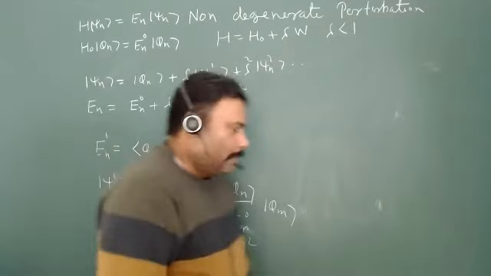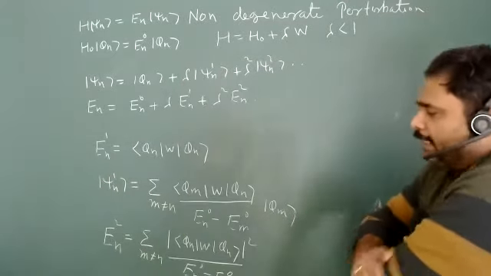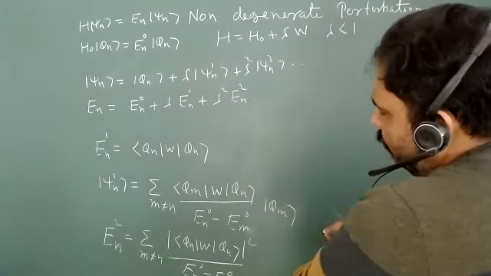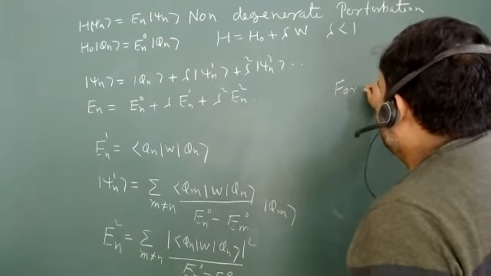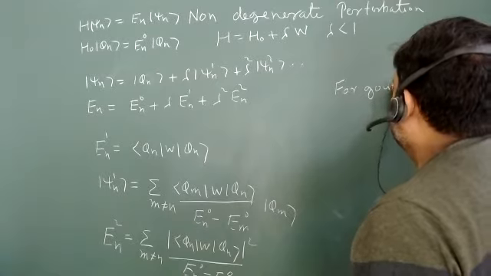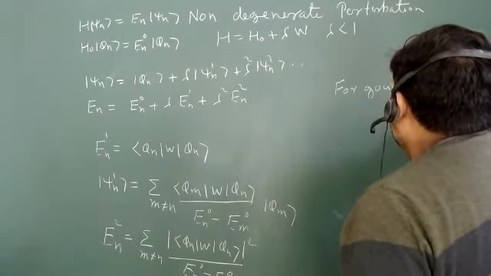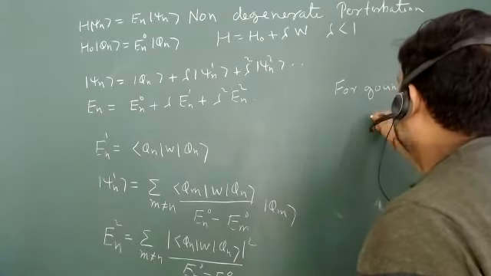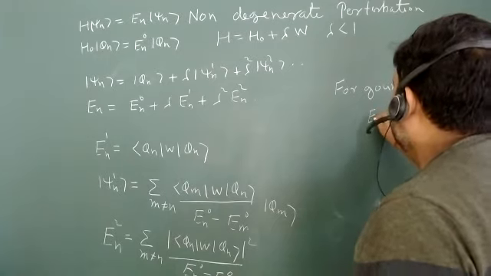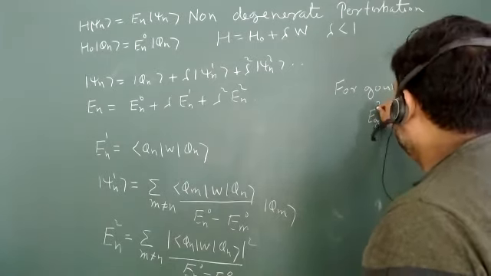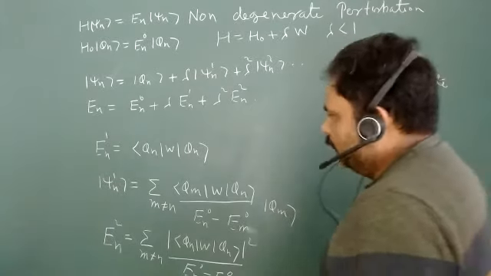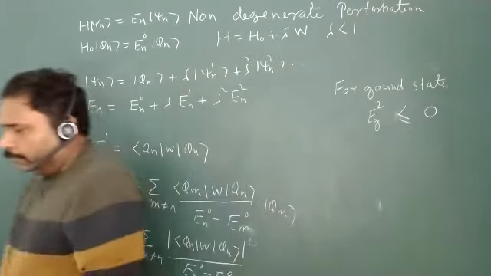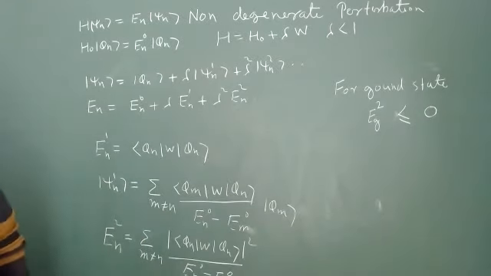Now, can I claim that for the ground state, E ground up to order 2 will be less than or equal to 0? Should I claim this thing?